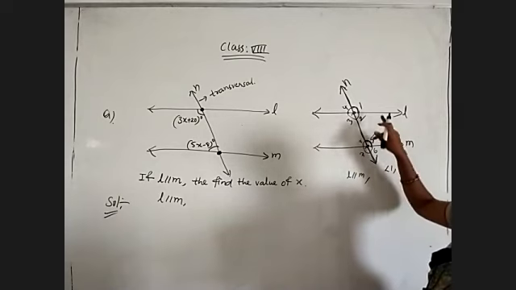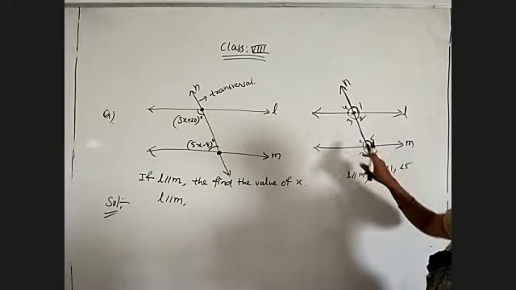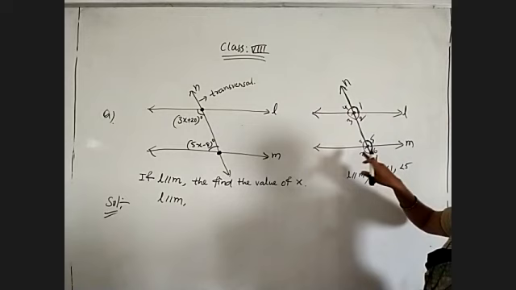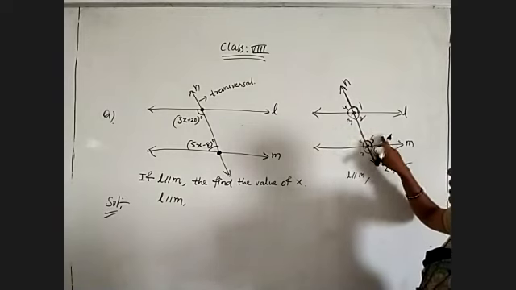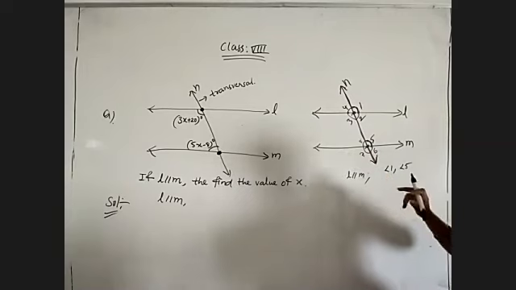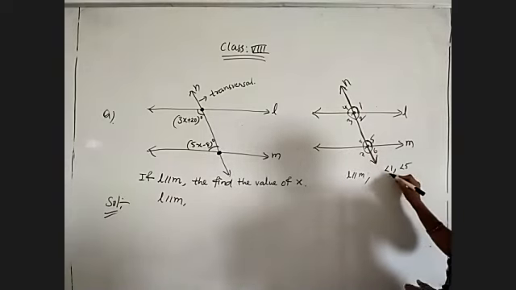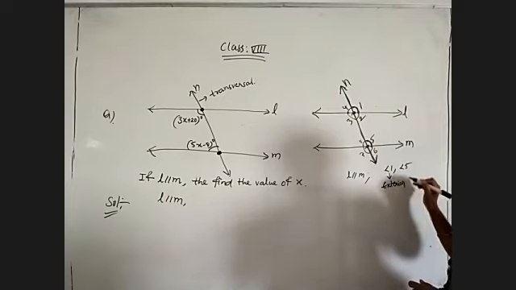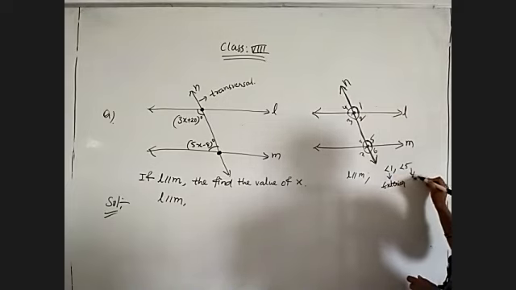So exterior angles are angle 1, angle 4, angle 6, angle 7, and angle 2, angle 3, angle 5, angle 8 are interior angles. Angle 1 is an exterior angle because it is outside. Angle 5 is an interior angle.